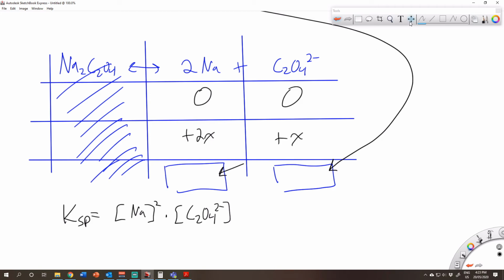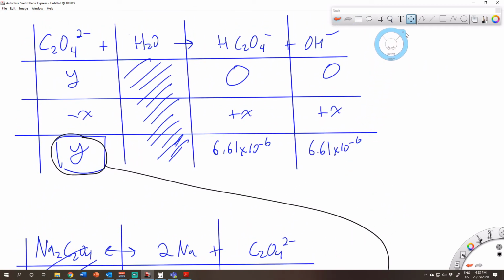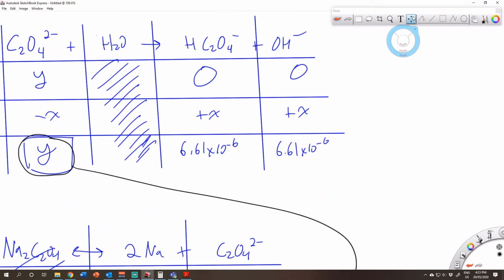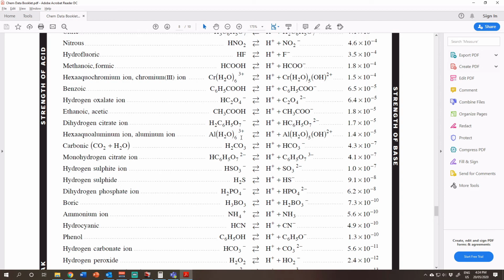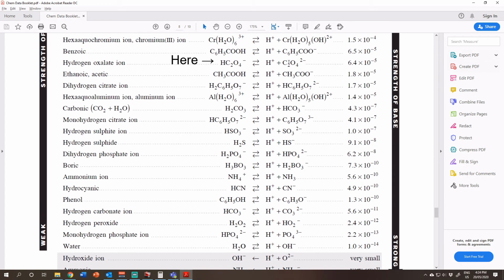Right. So a lot of work ahead of us. But we've already filled out at least the first RICE table, and now we just have to find the KB. So KB again is KW over KA. So C2O4 2 minus is somewhere down here. Its conjugate acid has a Ka of 6.4 times 10 to the negative 5.